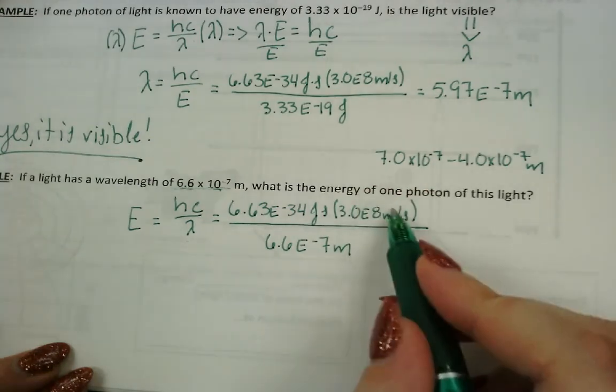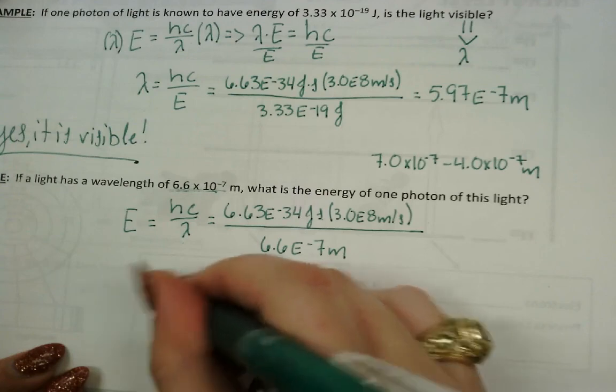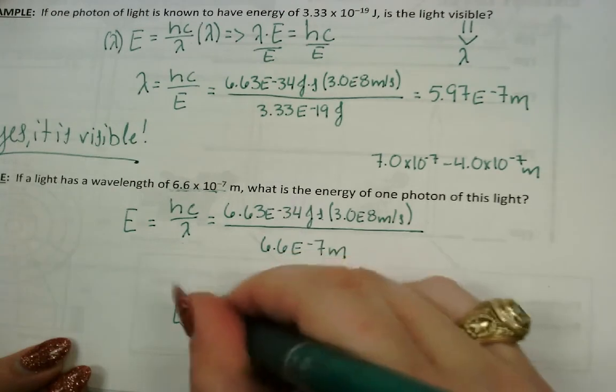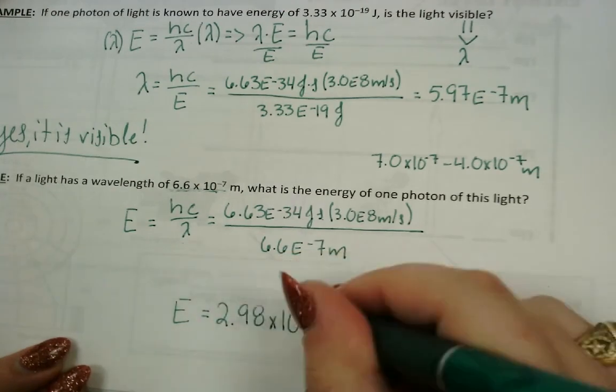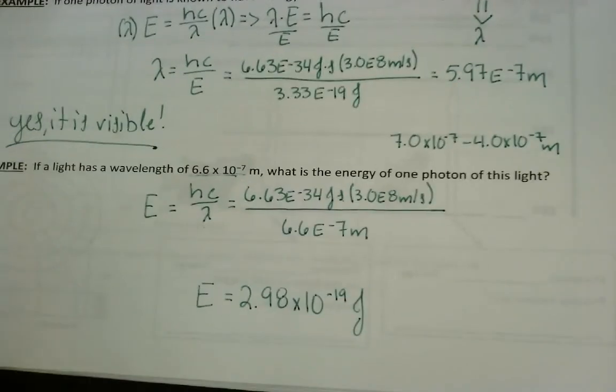Well, the meters cancel out, the 1 over seconds and the seconds cancel out, so we're left with just joules, which should be our unit. So when we plug it into the calculator, we're going to get 2.98 times 10 to the negative 19 joules.